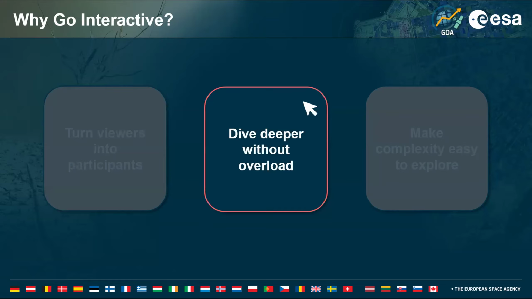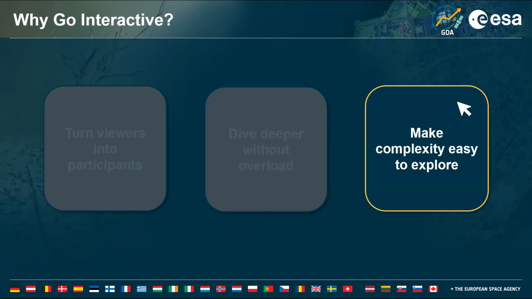Second, interactive comms let users dive deeper without overload, which means that thanks to layers, branches, or buttons, people can choose how much detail they want and when they want that detail. And third, this type of format makes complexity easy to explore.